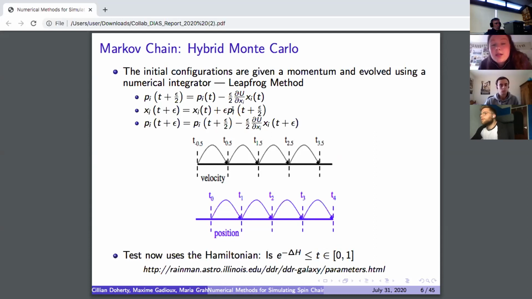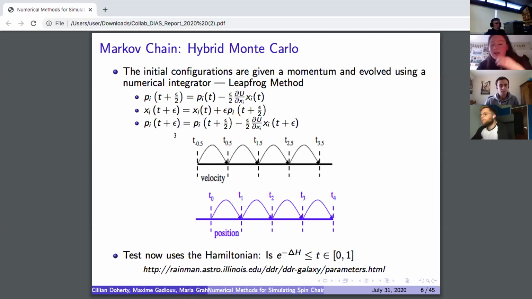But now the momentum value you use is the one that you generated previously from this equation here. And then you evolve the momentum 1 step in time, where here this value is the one that you calculated in this equation, and this value here is the one you calculated in this equation.